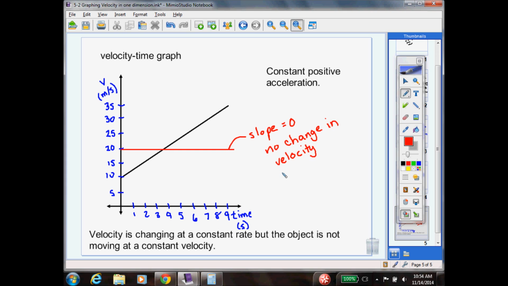Okay, so let's get that written down because that's an important difference in a VT graph that people sometimes miss.